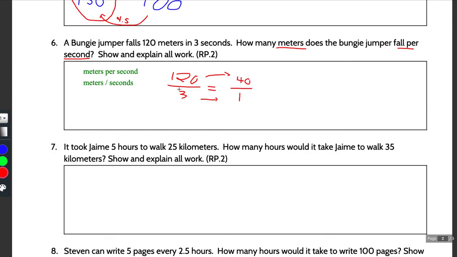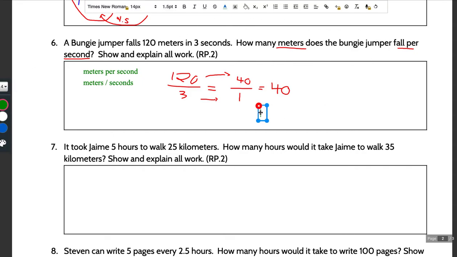But also 120 divided by 3 just equals 40. So the bungee jumper falls 40 meters per second.